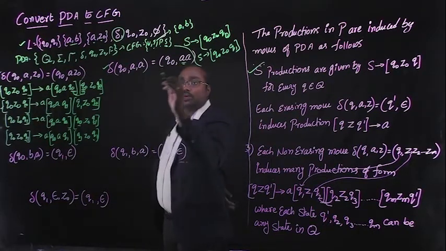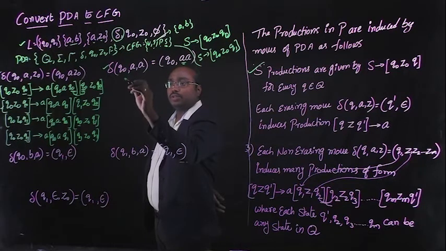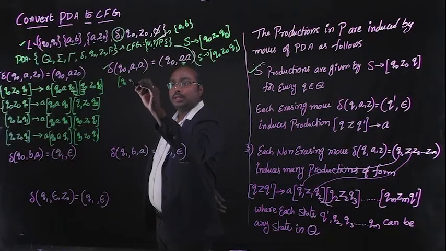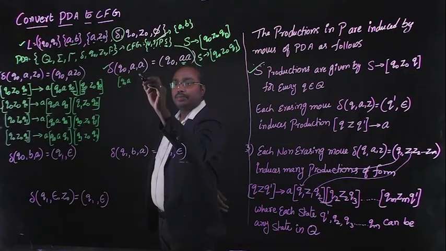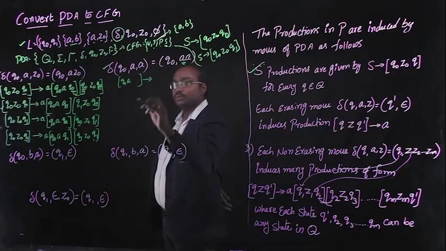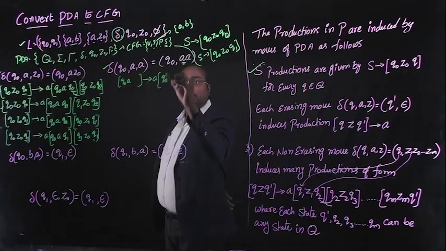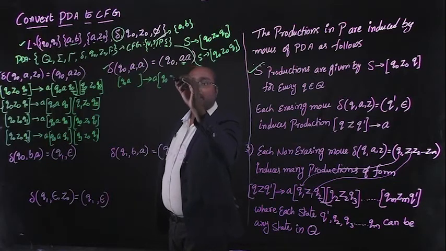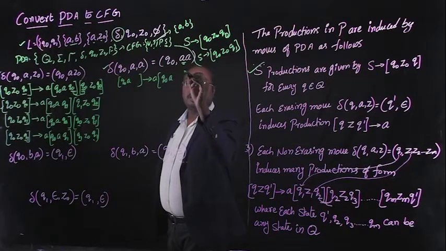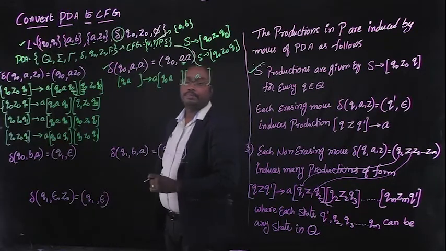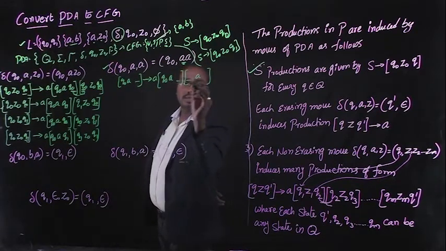Then how to write the production rules for this transition? q naught, stack symbol A tends to input symbol A, q naught. We can push the elements A and here also A. So here we can fill the states.